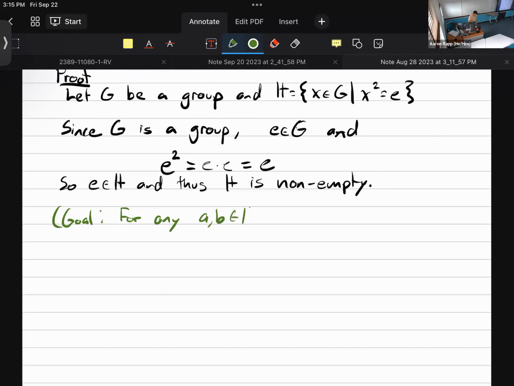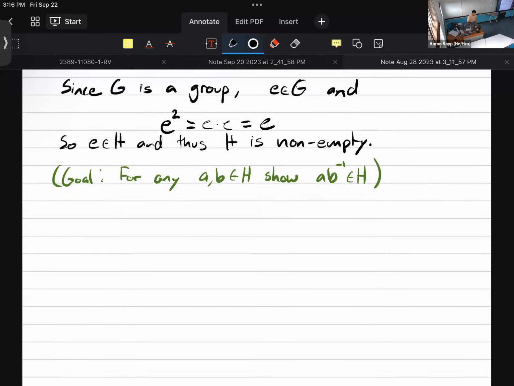For any a and b in this set H, we want to show that a times the inverse of b is also in the set H. So when it goes to my proof, I'm just going to let a and b be elements of H. Just choose any two elements of H.